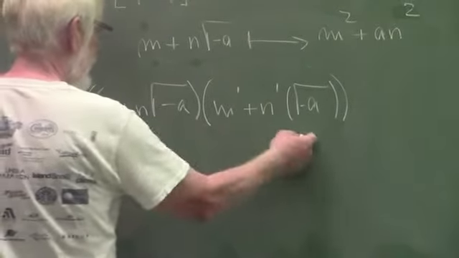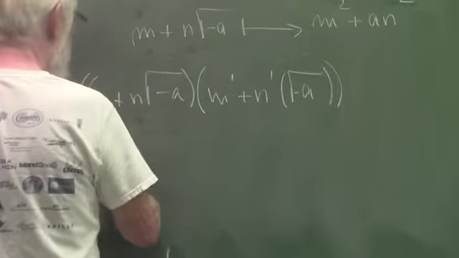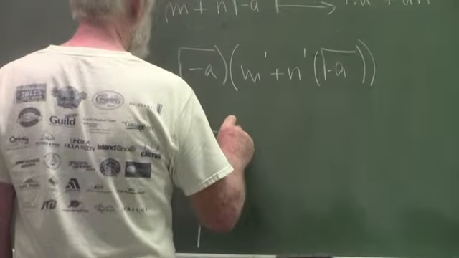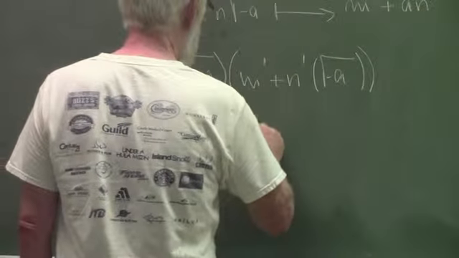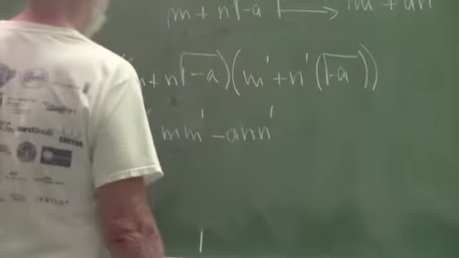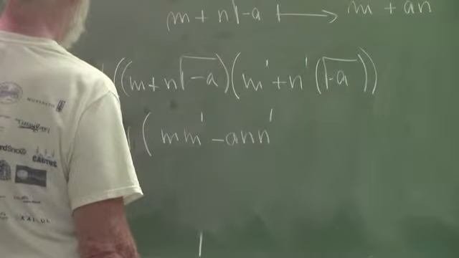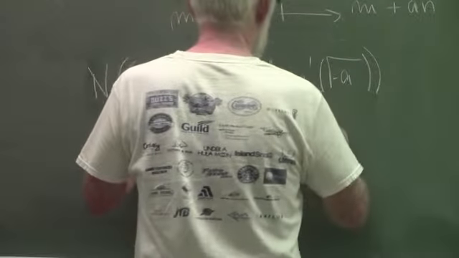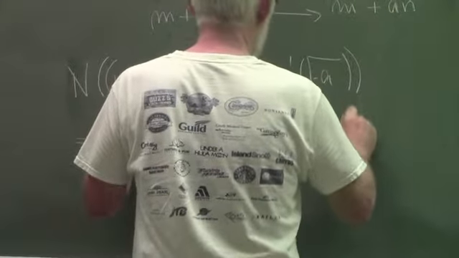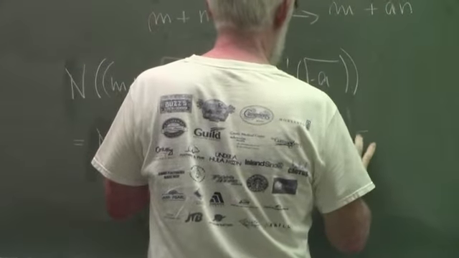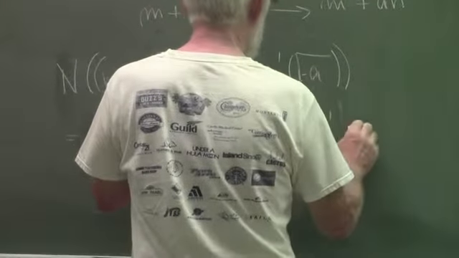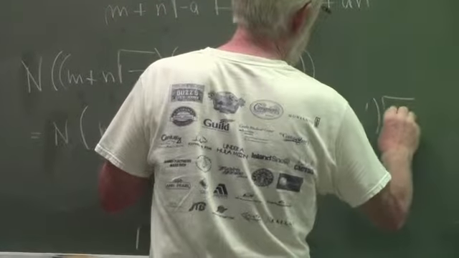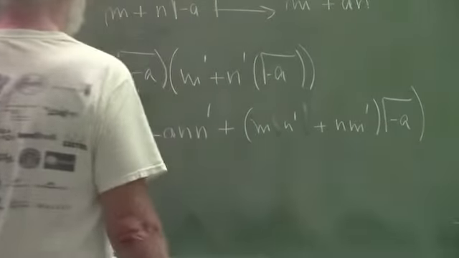If you multiply this out, on the inside we get M M prime minus A N N prime, plus M times N prime plus N times M prime, times the square root of -8.